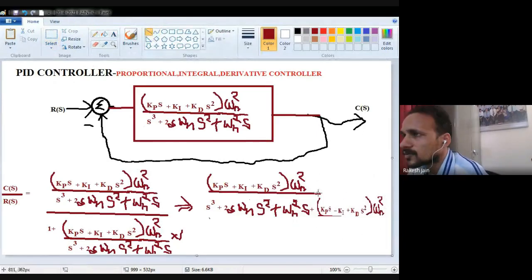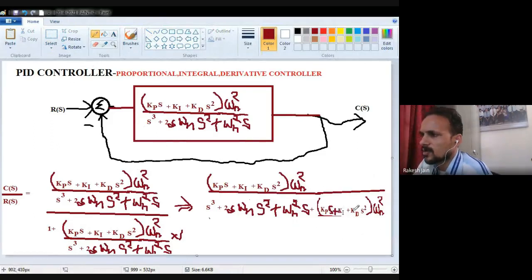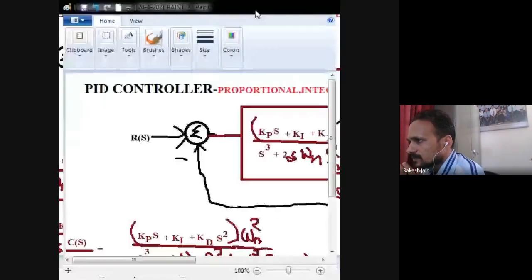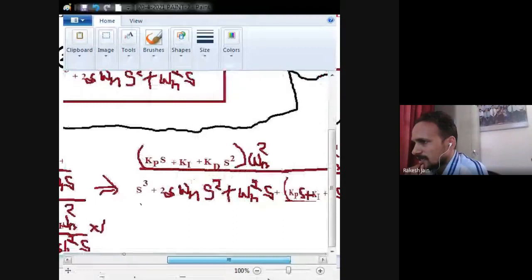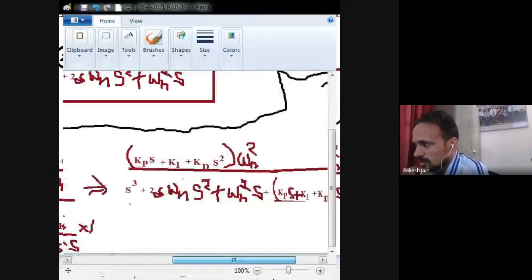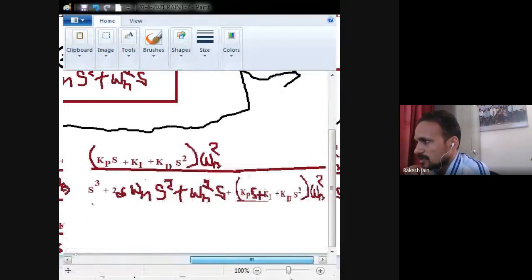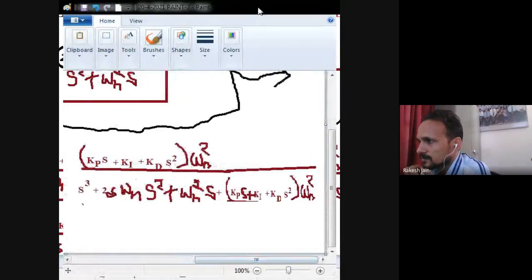If you are unable to see the last term properly, I will write it down: (Kp S plus Ki plus Kd S square) multiplied by omega n square, with S cube in the denominator, S cube plus (twice delta omega n plus Kd omega n square) S square plus (omega n square plus Kp omega n square) S. I think you understand this term.